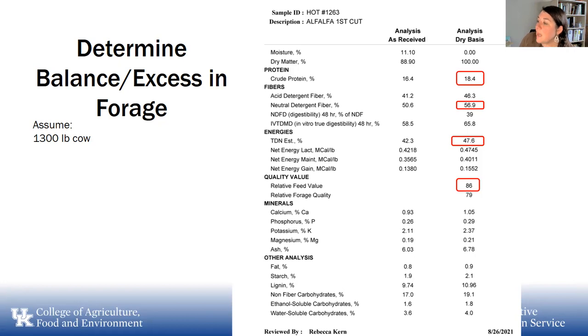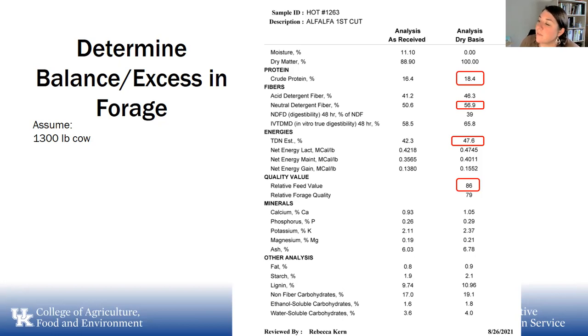And then we also look at our TDN, which is 47.6. So a lot of our higher protein based forages are not going to be as high in TDN. We would need to supplement some sort of energy source if we are heavy lactating. It's going to need about 60% TDN, so we're probably going to need some sort of energy supplement in that situation.